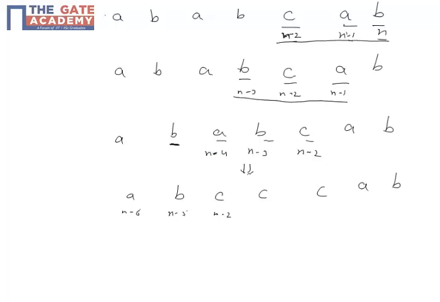Because I have immediately replaced n-4 by C. So starting from n-5 I cannot have A, B, C, because n-4 will always be C once I have replaced it. So I will again start checking n-6, n-5 and n-4 to see whether these are A, B, C. Yes, now I can replace them by C, C, C.